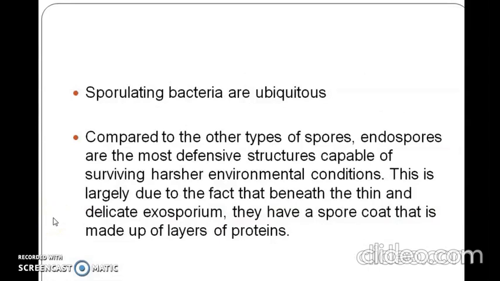Sporulating bacteria are ubiquitous, meaning they can be found everywhere, like in soil, water, and every part of nature. Compared to the other types of spores, endospores are the most defensive structures, capable of surviving harsher environmental conditions. The reason for this is that beneath the thin and delicate exosporium, they have a spore coat that is made of layers of protein.